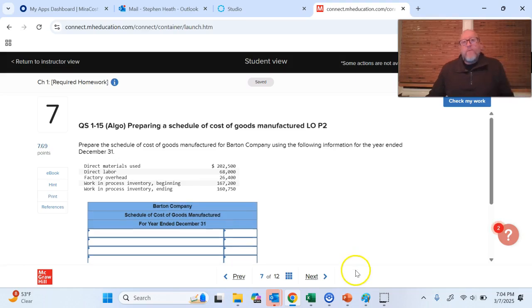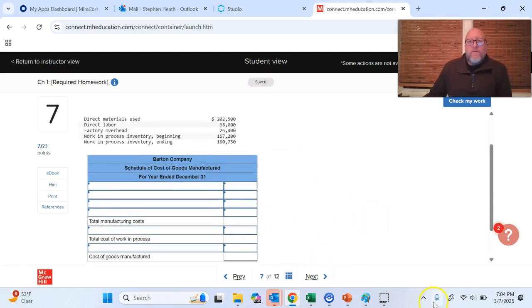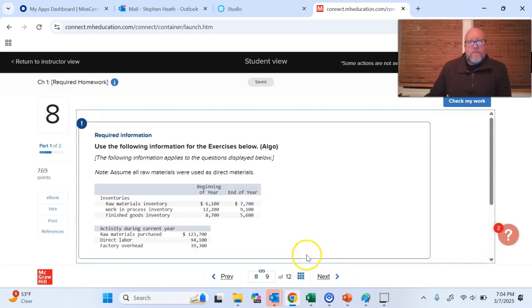Prepare a schedule of cost of goods manufactured. This is, again, straight from the slides. It's stuff that we've talked about. And so I think I'm going to leave you again to this specific question.